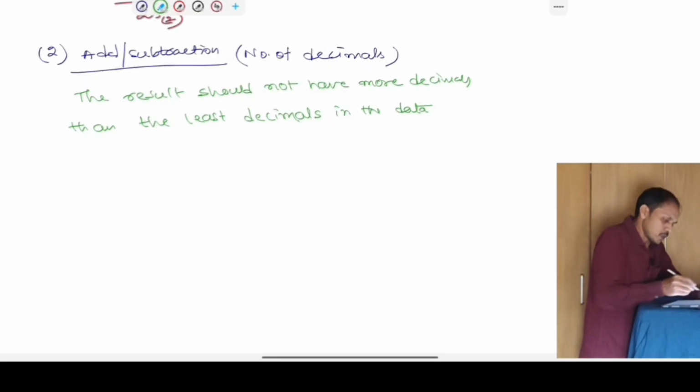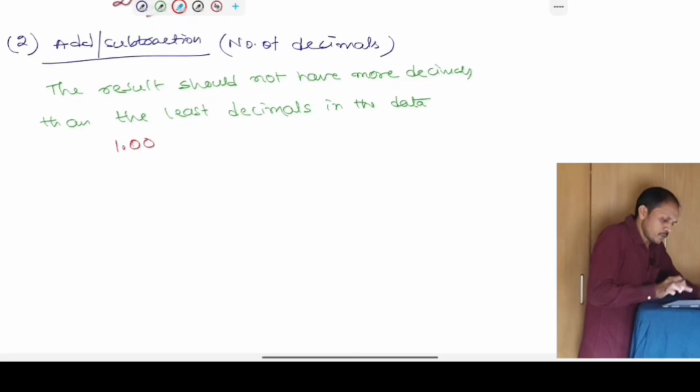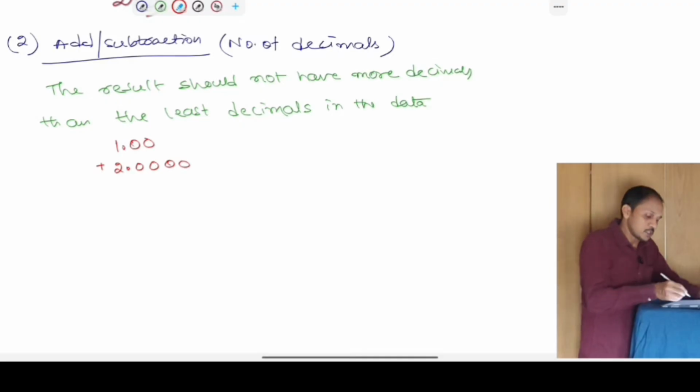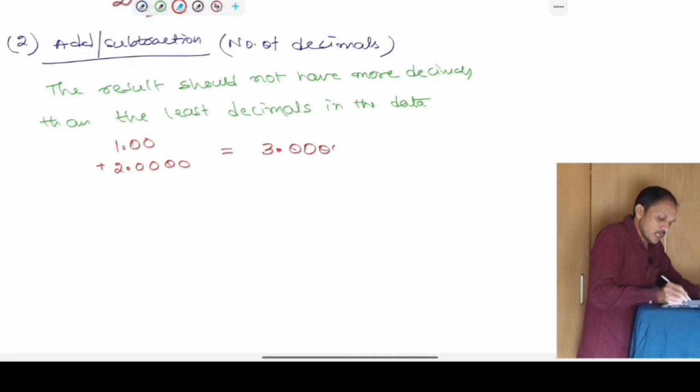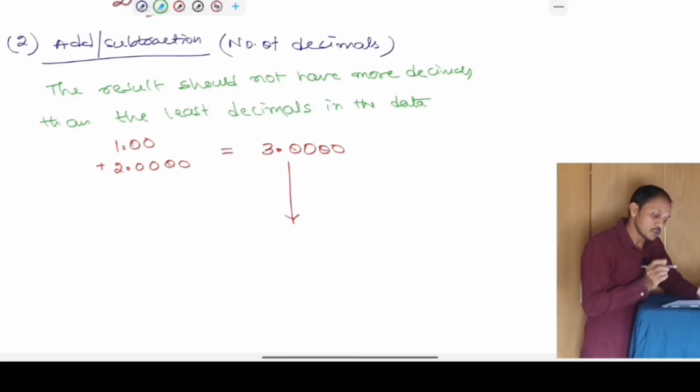For example, the numbers 1.00, let's add, plus 2.0000. The actual answer will be 3.0000. But what is the significant rule telling? Observe the least decimals.